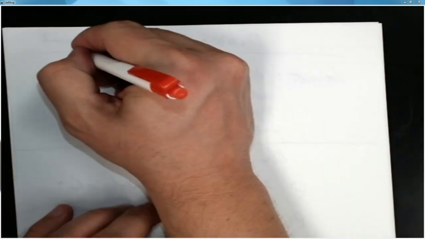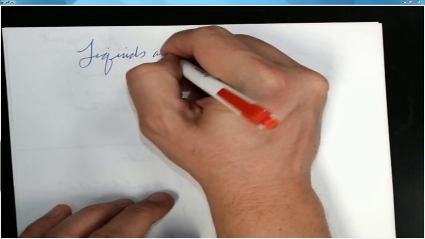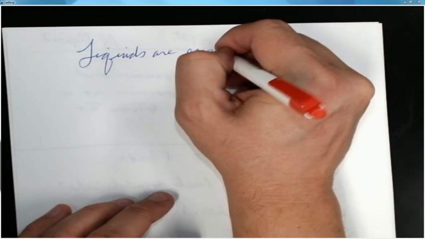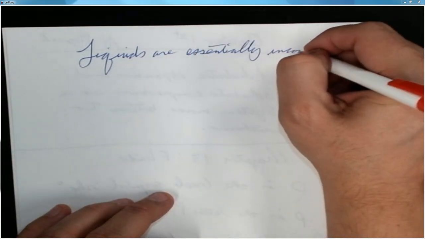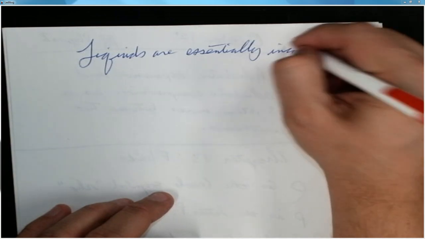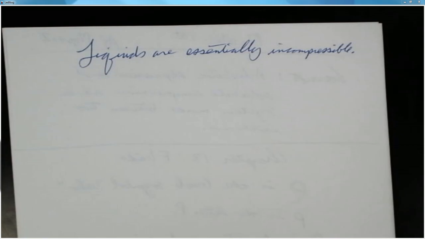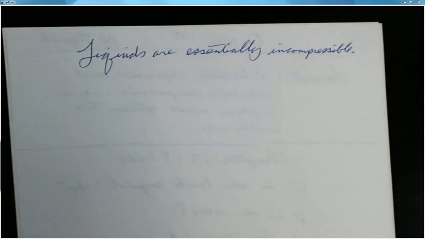Liquids are essentially incompressible. Maybe you can compress them a little here or there, but for all practical purposes, in real life, liquids can't be compressed.